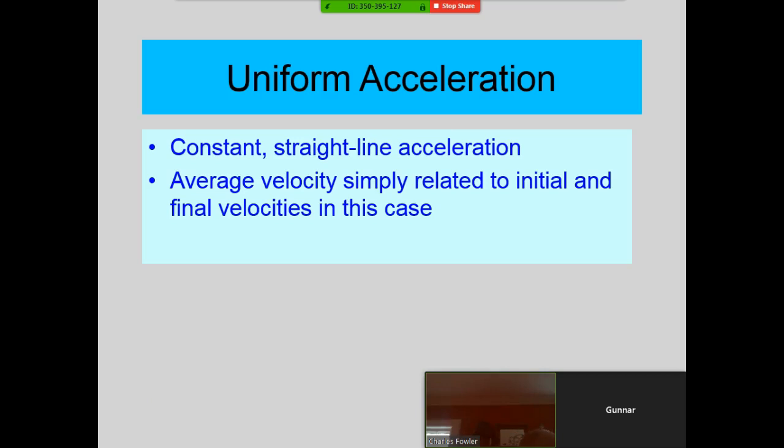An automobile moving at 25.0 meters per second. So that is a velocity, obviously, and that's your initial velocity, 25.0 meters per second. Comes to a stop.